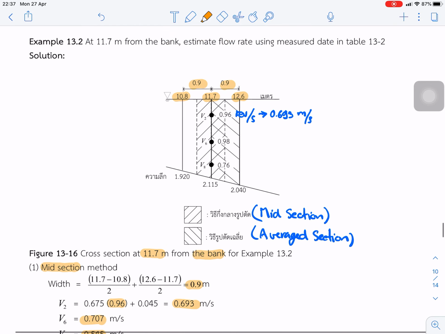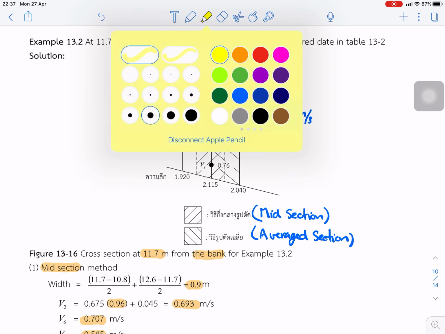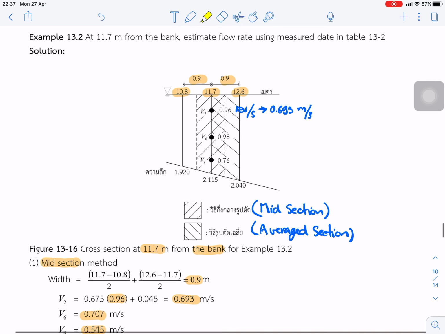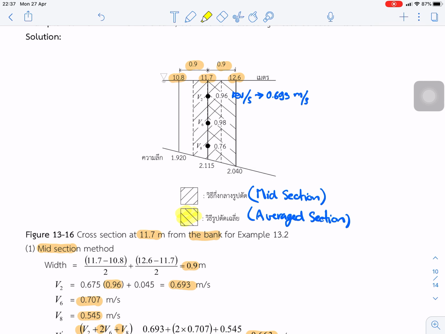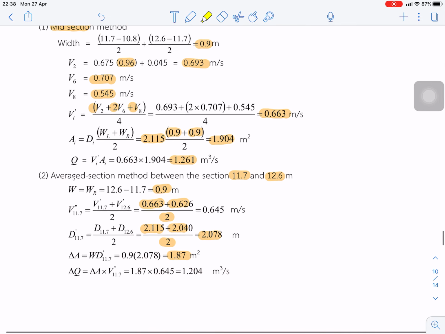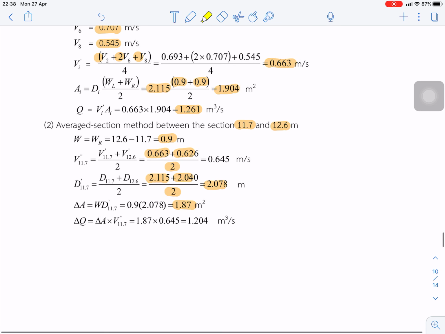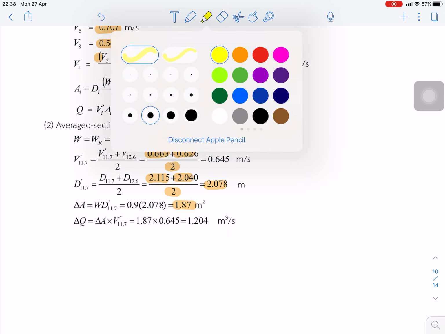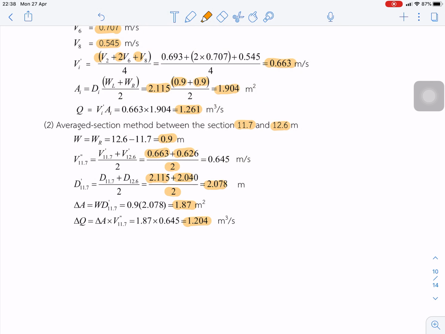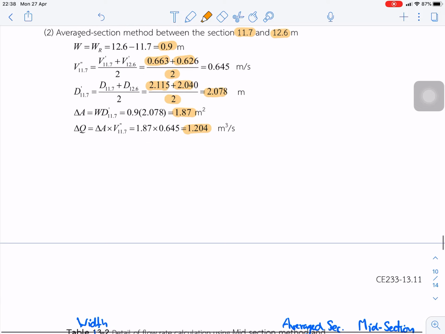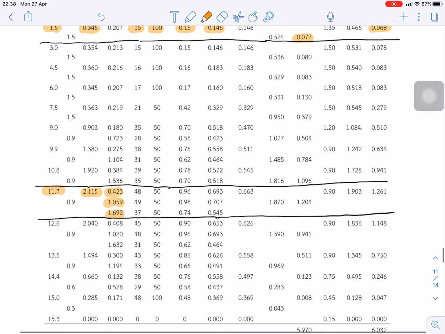This is the area for the average section, and we multiply the area by the velocity to get 1.204 cubic meters per second.